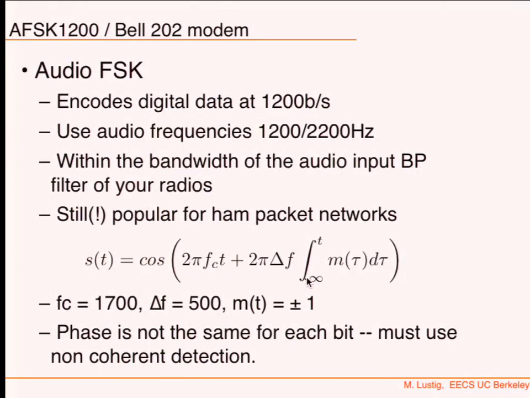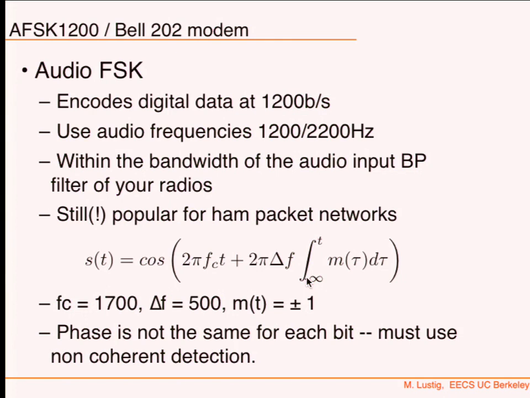But because of the choice of the bit rate, you don't finish in a full cycle of phase. So you have to be careful when you encode this to still have continuous phase. You cannot just say, I'm going to send data at that frequency for that amount of time, and then switch and start from 0 phase again at another frequency, because then the phase will be discontinuous.